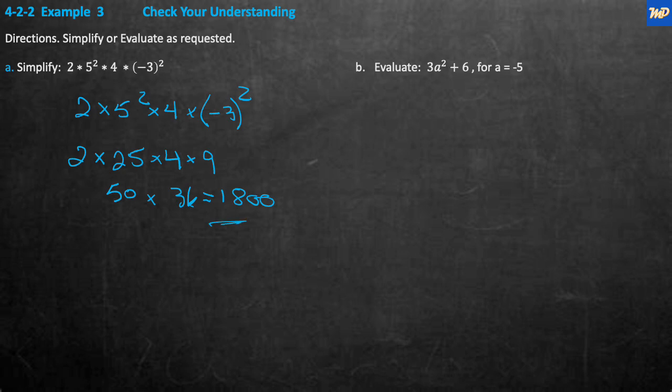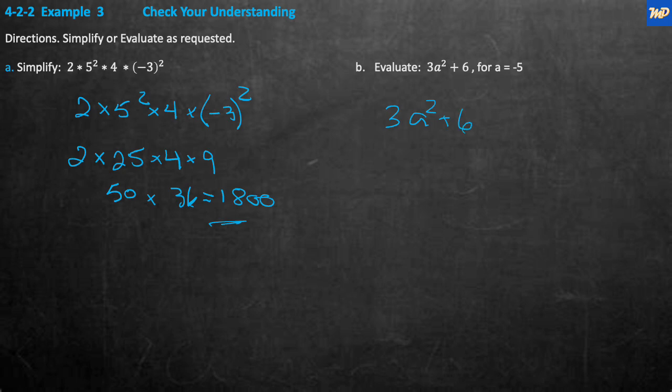So, anyways, and now if we want to evaluate 3a squared plus 6 for a equal to minus 5. Okay, well here now we have the minus 5 and the a is minus 5. So what's different about this? We're going to say 3a squared plus 6.